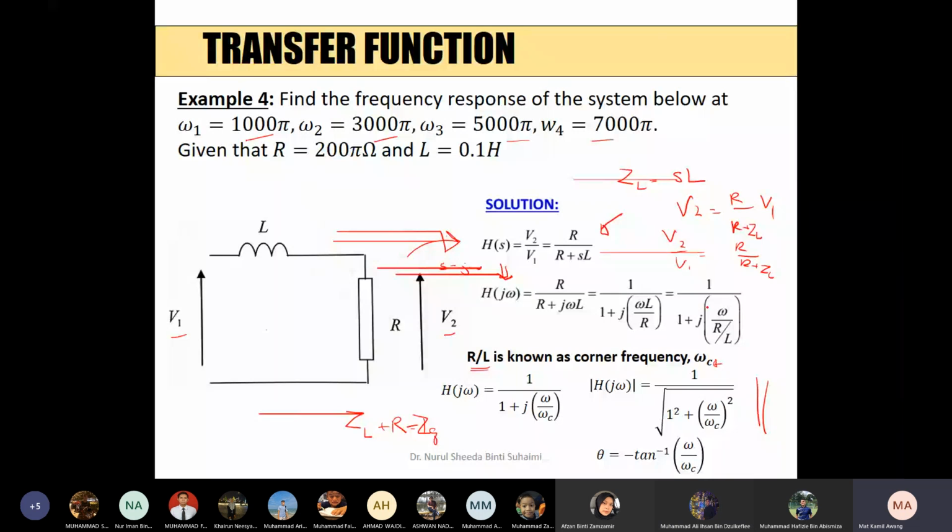Sir, I don't quite understand the j omega L part. ZL, you know, is sL, which is j omega L. Okay.